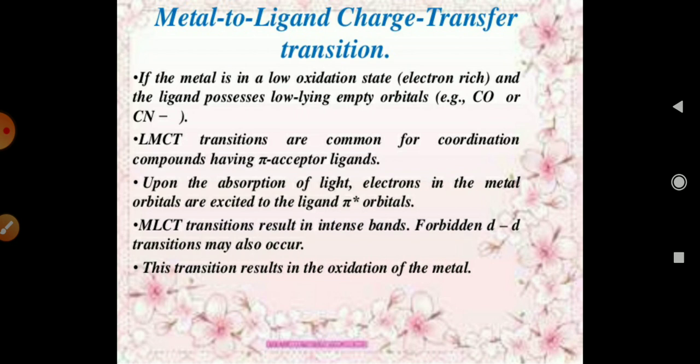Upon absorption of light, electrons in the metal orbital are excited to the ligand pi star orbital, and MLCT transition results in an intense band. The forbidden d-d transition also occurs in this kind of case.